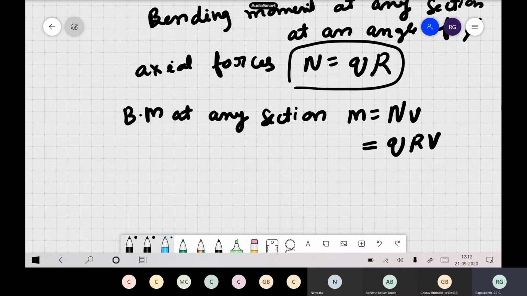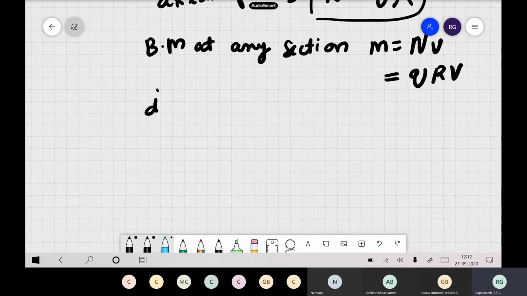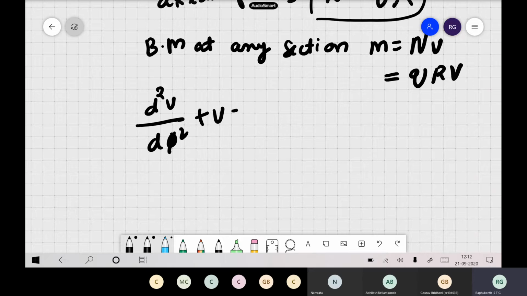As I already told you, in arches you have only the axial forces, and because both the ends are hinged, there are no movements here. So only thing is you have this axial force. Now let us write our equation: d square v by d phi square plus v, substituting in that expression, equals q r cube by EI times v.